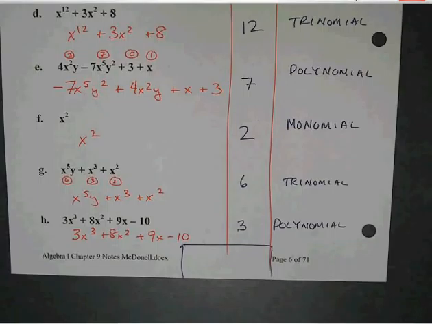Yes. Creative and good. No, that's a binomial of degree 4. July, do you understand what I'm trying to do? That's a trinomial of degree 10. 3 terms, degree 10.